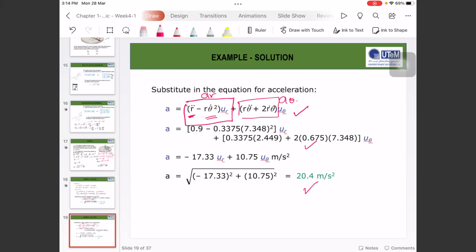So sebenarnya sama je. And this is A equals to square root of A_R squared plus A_theta squared. Okay, soalan?